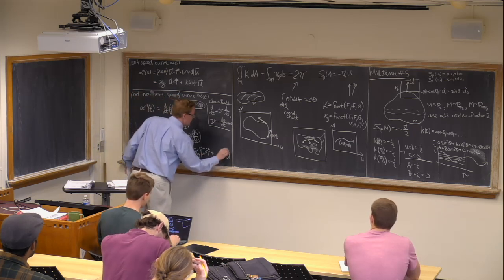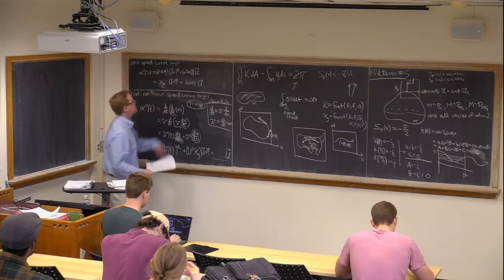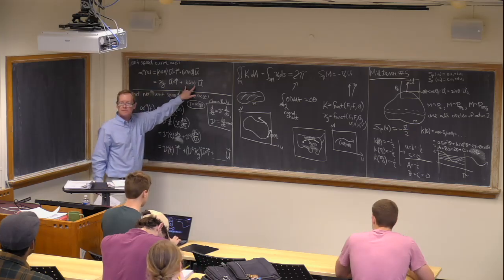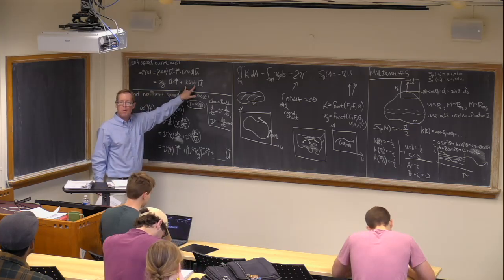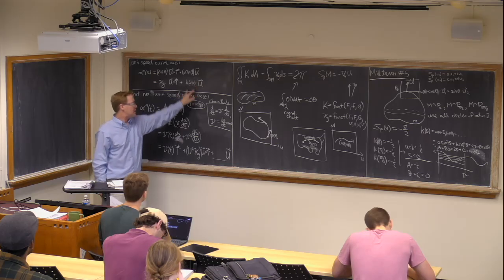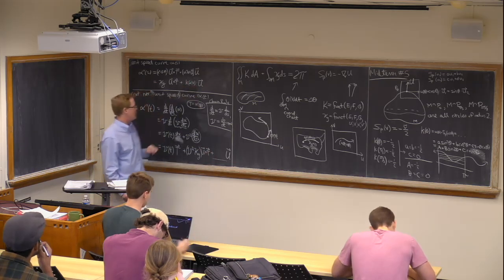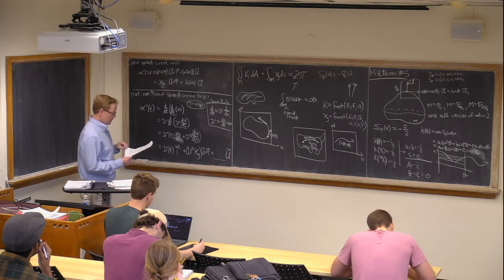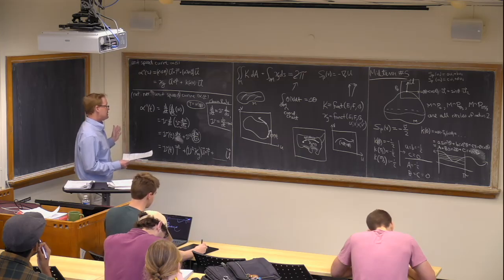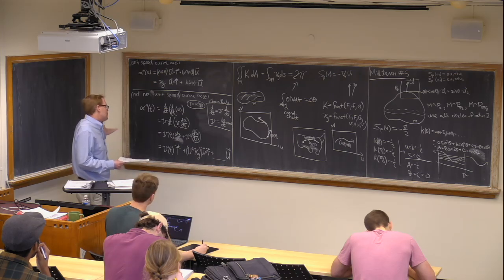Now that something here, of course, is just nu squared times this. And so I could write nu squared times that if I wanted to. That's correct. But let's say I want to rewrite it a little bit differently, to follow the book.